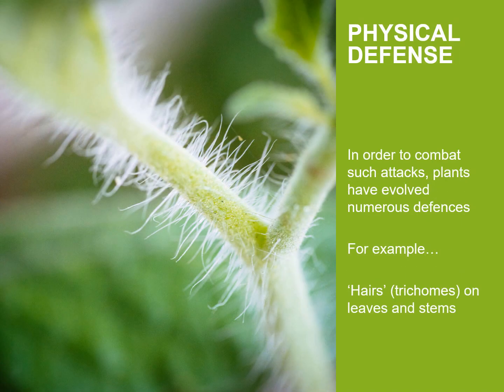A few different horticultural crops have evolved ways of dissuading herbivory and attacks by pests. Just to give a few examples, the tomato plant has evolved hairs which grow out of the stems. These are also called trichomes.